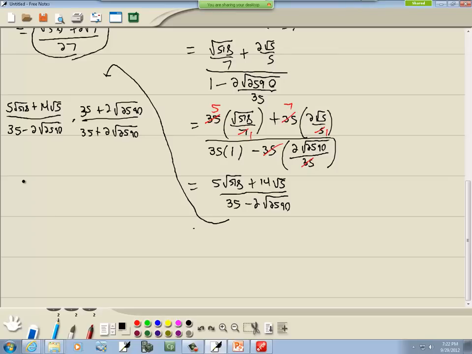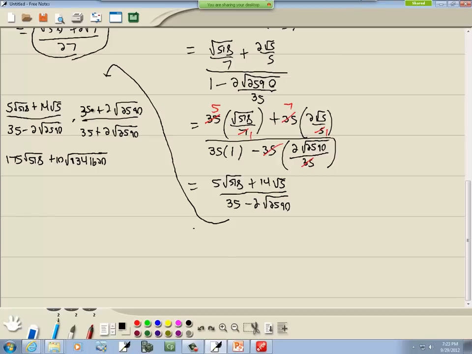5 times 35 is 175 square root of 518. Now this one times this one, we get 10, and 518 times 2590 gives us 1620.